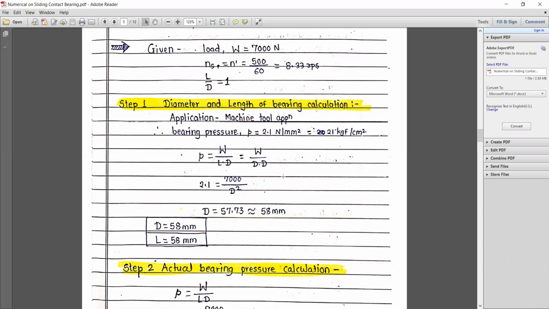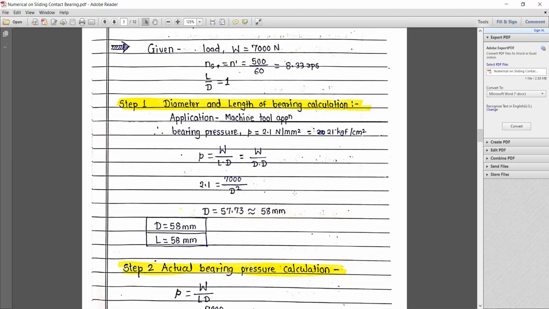Now, using the same formula, bearing pressure is equal to load by projected area, we need to calculate diameter or length. Putting all the values, that is P equal to 2.1, W equal to 7,000, and L equal to D, so D square is there.